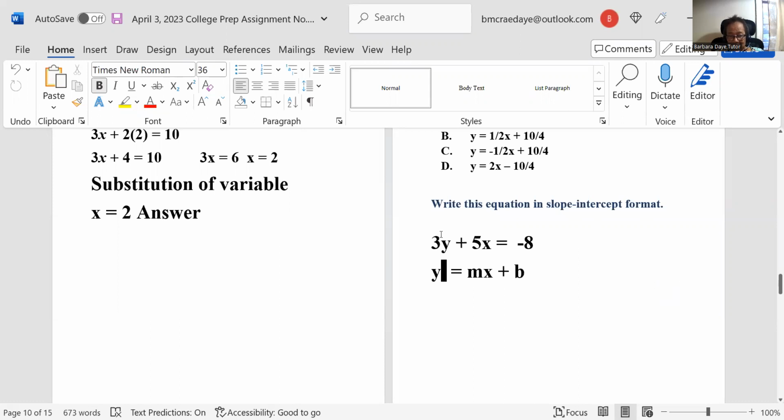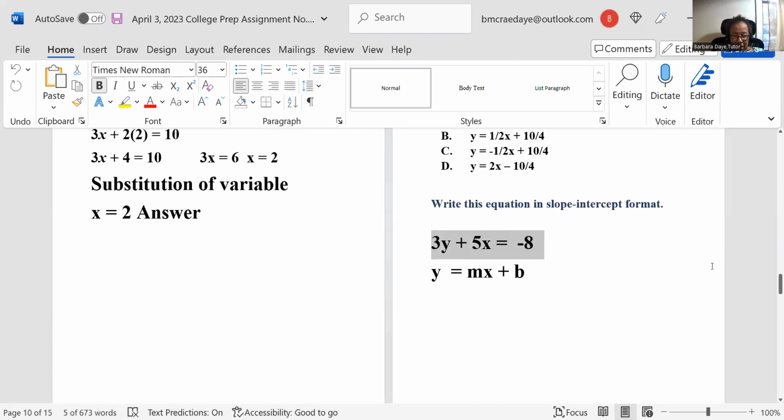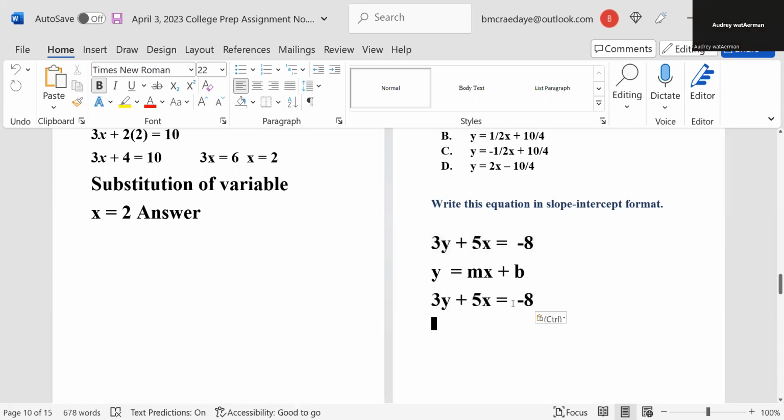Everybody understand what I'm saying? Yeah, 5x minus 8. She subtracted her 5x. So when she got finished, this is what it would look like. Put your minus 5x like this.